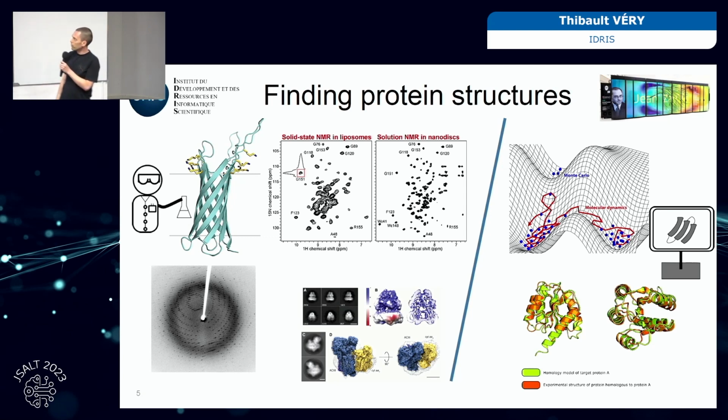One more recent technique is cryo-electron microscopy, and basically it's just taking pictures from different angles of the protein with electrons, not photons. In this case, you also have to freeze the protein, but not in a crystal structure, so it's a bit easier.